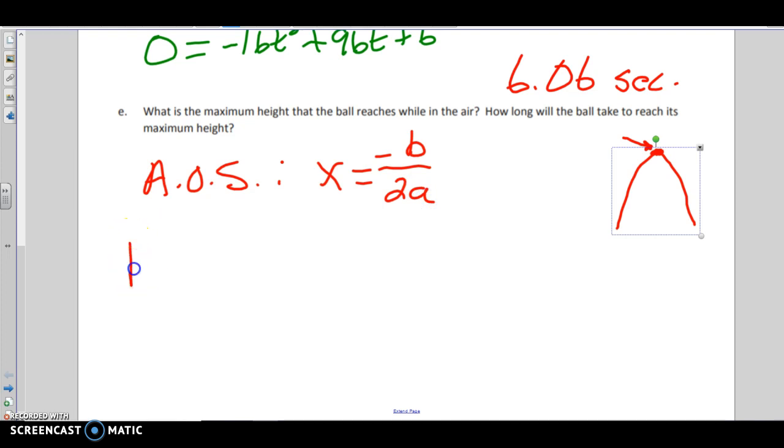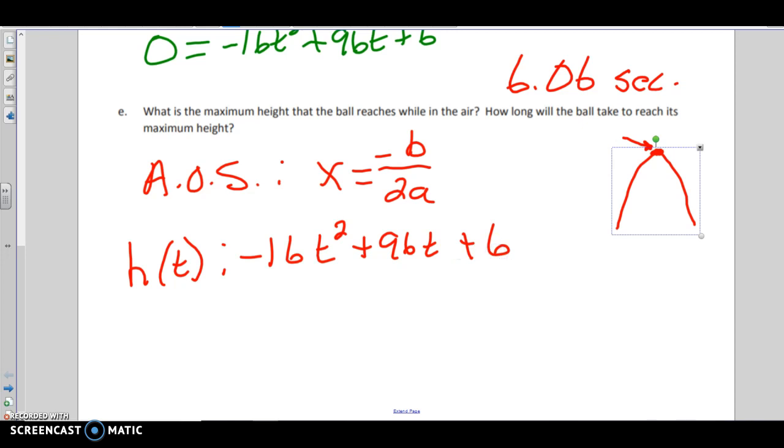So in my equation for this problem, my a value is negative 16. My b value is 96.